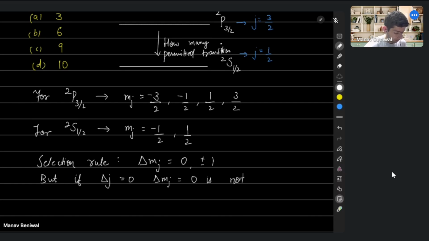So that is not allowed. So this is the selection rule.